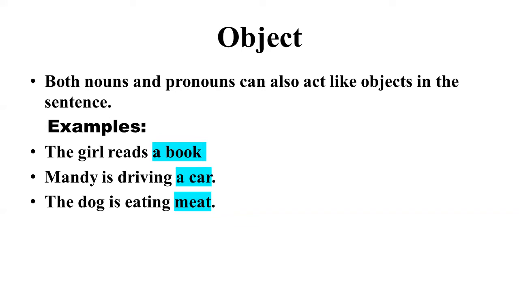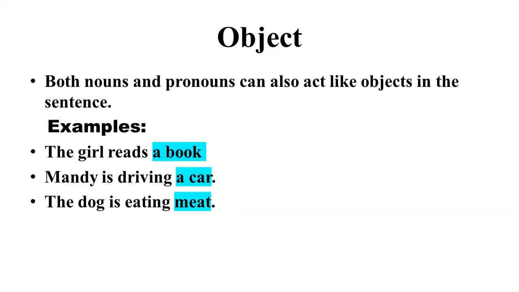Mandy is driving a car. Who is driving? Mandy. So the answer to who is the subject. What is she doing? Driving. Driving is the verb. And what is she driving? She is driving a car. So the car is the object in this sentence.